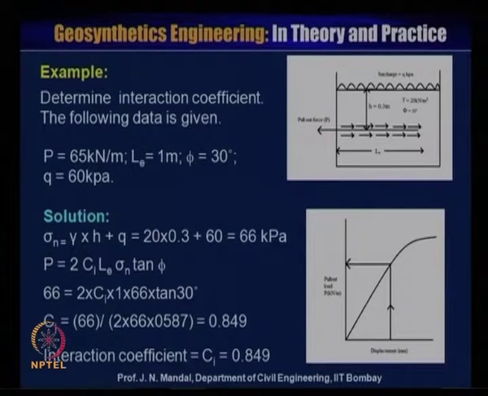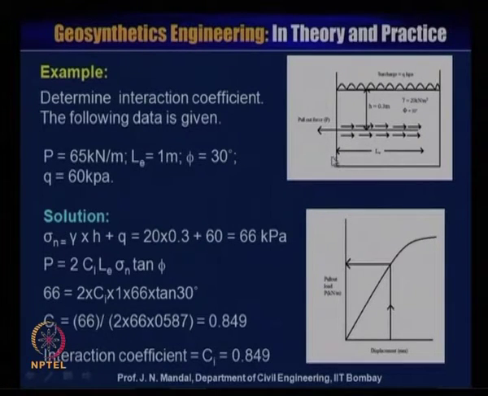Now, we are giving one example. So you have to determine what will be the interaction coefficient, that means Ci. The following data is given: P is 65 kilonewton per meter, Le is 1 meter, phi is 30 degree, Q is 60 kilopascal. You can see here it is pulled out, P value is given, and this is the reinforcement.